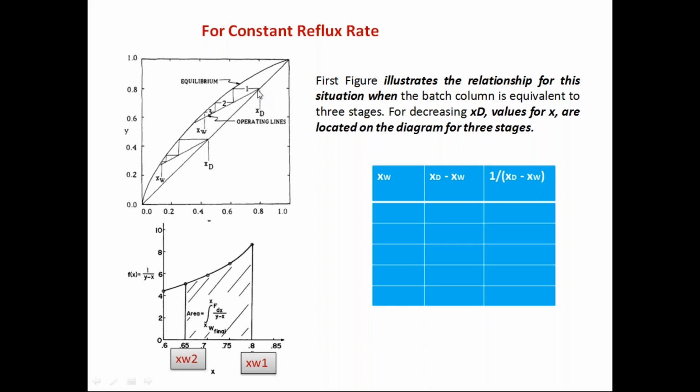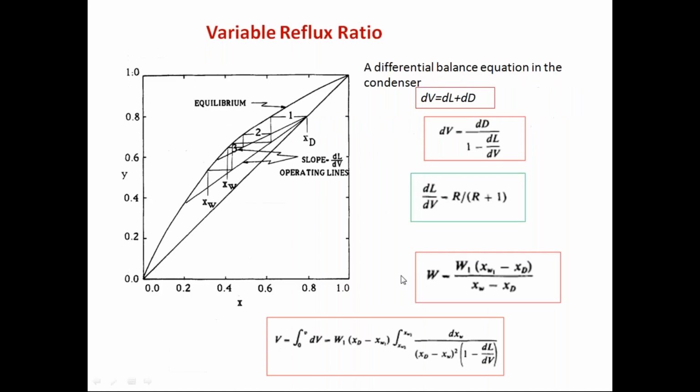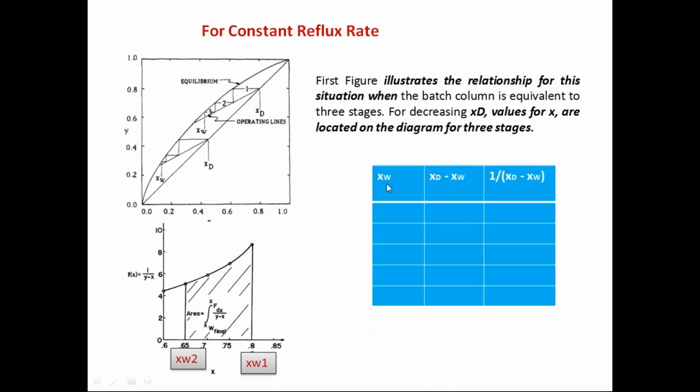So starting from one value to another, that means from the initial XF, that is the XW value, to the final XW value, you can find different XD minus XW values. This is the XD, this is the XW value. For this constant reflux ratio, you can tabulate all the values and find 1 by XD minus XW.